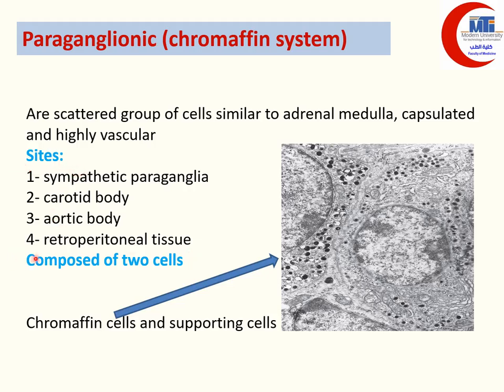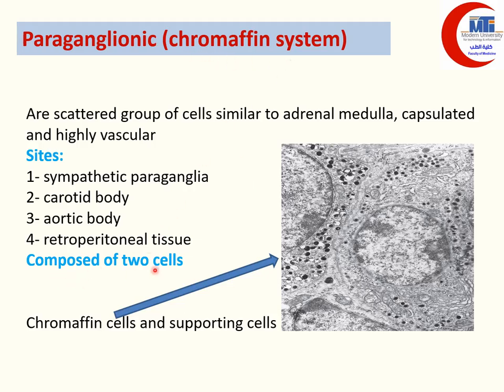All these structures are called the chromaffin system, as they are similar to the adrenal medulla. When we stain these structures with chromium salt, they give a brown color, or positive chromaffin reaction. So it's called the chromaffin system.